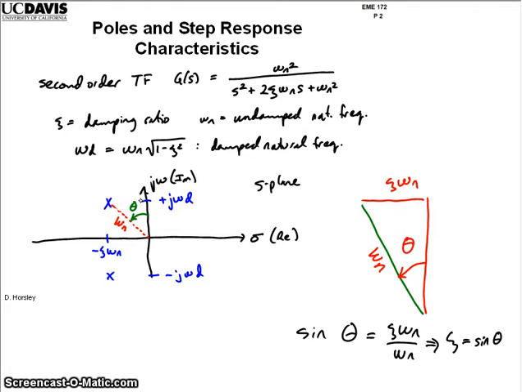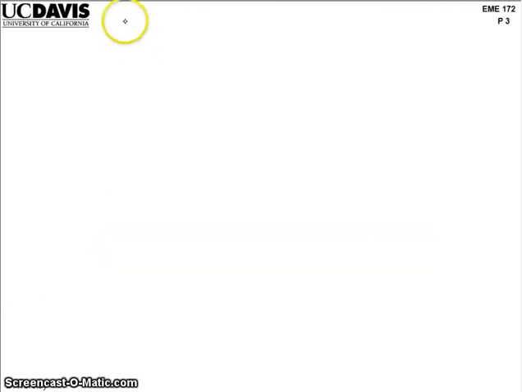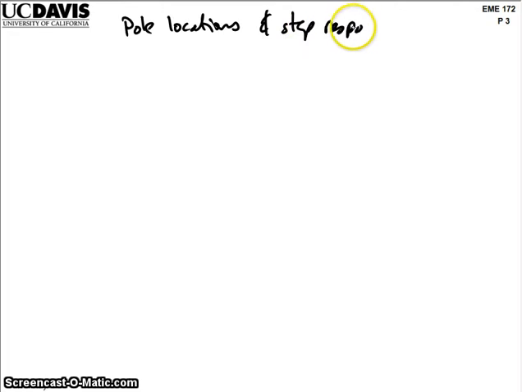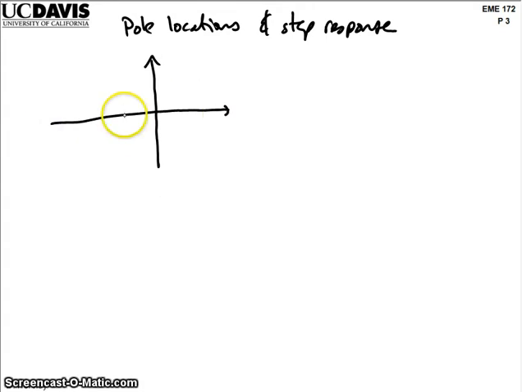Now let me summarize a little bit about how the pole location affects the parameters of the step response. If you remember, the real part of the poles, zeta omega n here, determines the settling time.